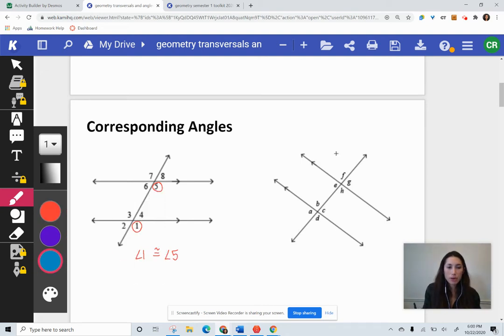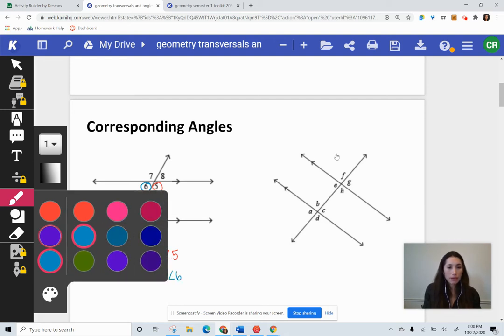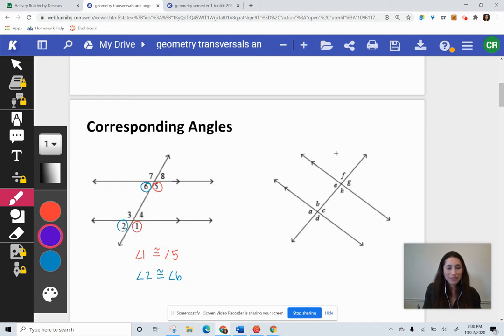Okay, our next corresponding angle pair would be angle 2. That's on the bottom, and it's on the left side of the transversal. So that would be corresponding to angle 6. We know those are congruent. Angle 2 is congruent to angle 6. And let's see. We've got here angle 3, that's on the top left, and that would be congruent and corresponding to top left.